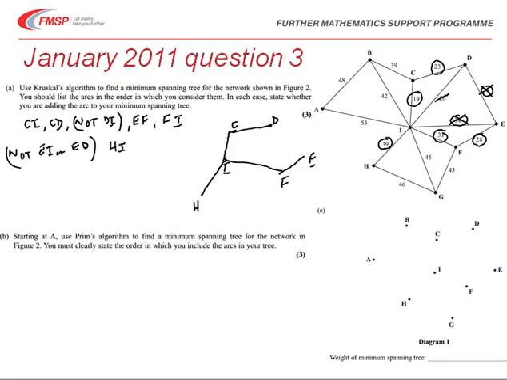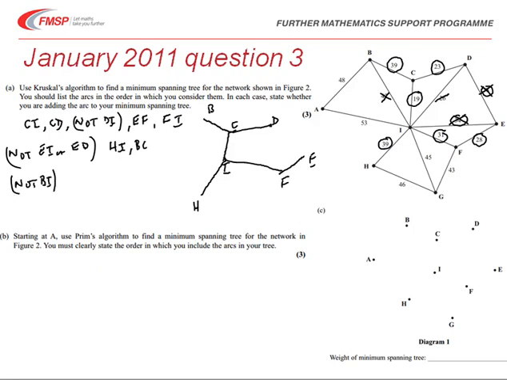Now, I beg your pardon, before that we've got BC coming in at 39 as well, and that one could equally well have been done before we did HI, so we've got BC. But then we can't use BI because that is going to again create a loop. So let's write that down, not BI.